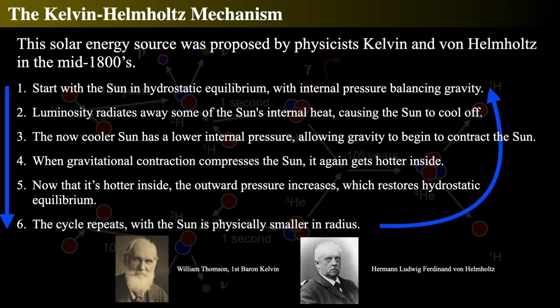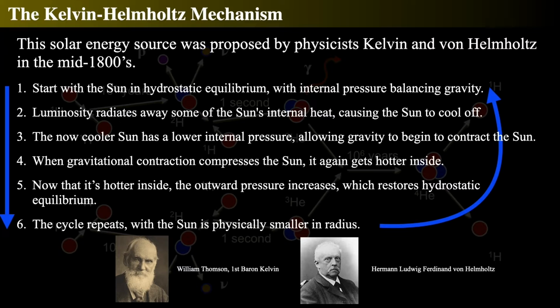the sun could turn gravitational potential energy into light. So if you start with the sun, as we did in the previous lectures, in hydrostatic equilibrium, with the internal pressure balancing the gravity, meaning it's hot enough in the center that gravity can't compress it, you then say, well, okay, fine.